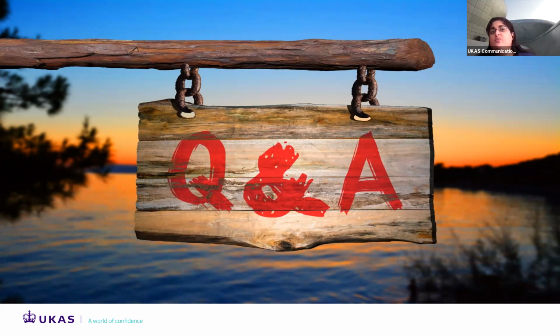Question just come through about, will we be assessing the individual labs as part of the risk-based approach? Sorry, I'm just looking at the question. I'm not sure I quite understand the question being asked. The risk-based approach will be used for all types of customers that we have: laboratories, inspection bodies, certification bodies.